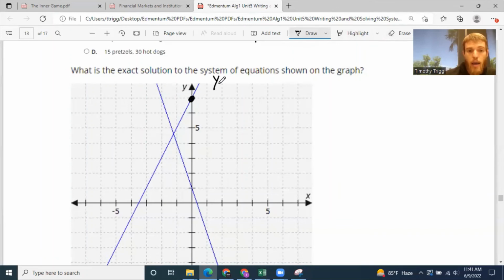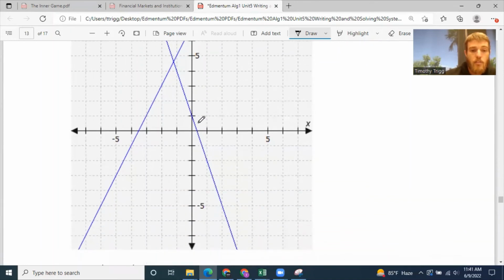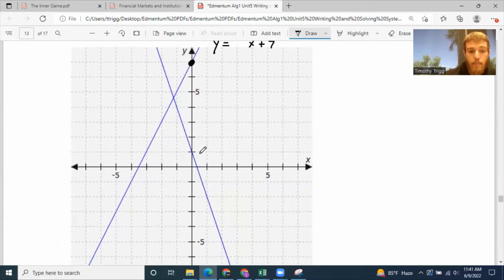So I know it's going to be y equals mx plus 7. I don't know the m yet, but I can see my b, my y-intercept, is 7. Similarly, for this line, it's going to be y equals mx. I don't know the m yet, but I know my y-intercept I could see is 1. So plus 1.